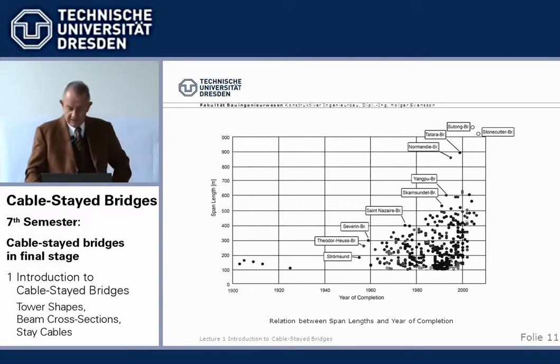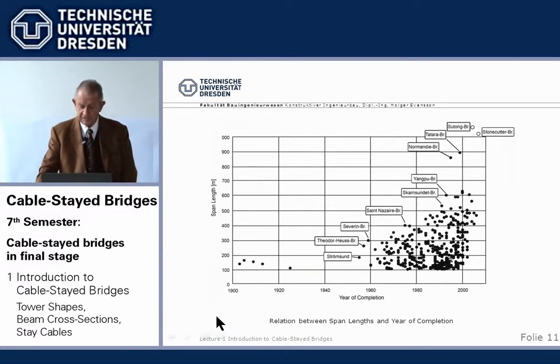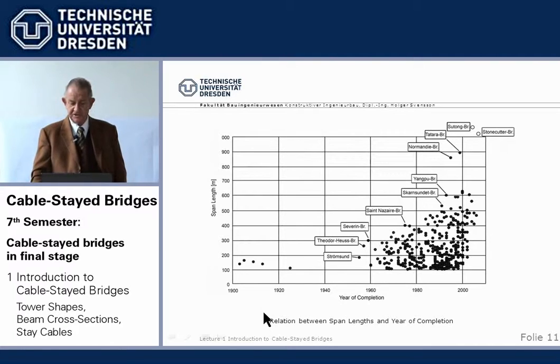Now, the development of cable-stayed bridges is shown by the development of their main span length. There was virtually nothing before; we will have in the second lecture today the beginnings of cable-stayed bridges, but it took off after World War II in the 50s, first with bridges in Germany and so on.